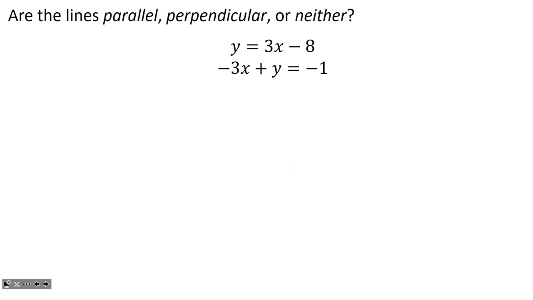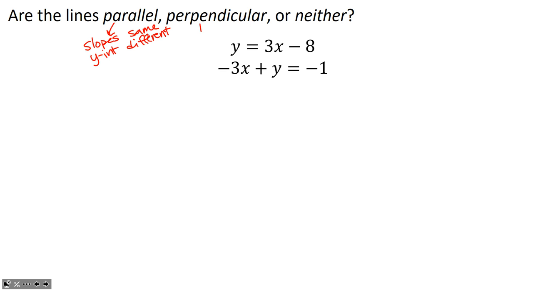Next one. Are the lines parallel, perpendicular, or neither? So remember, to answer this question, you need to think about the slopes. If they're parallel, the slopes are the same and the y-intercepts are different.